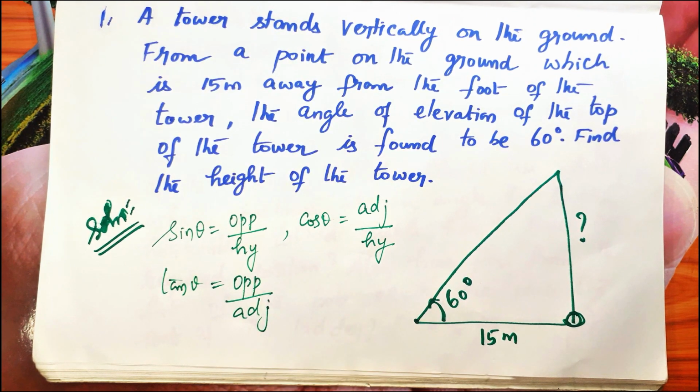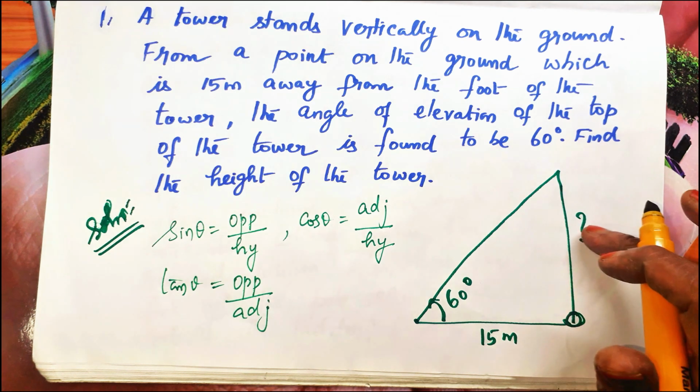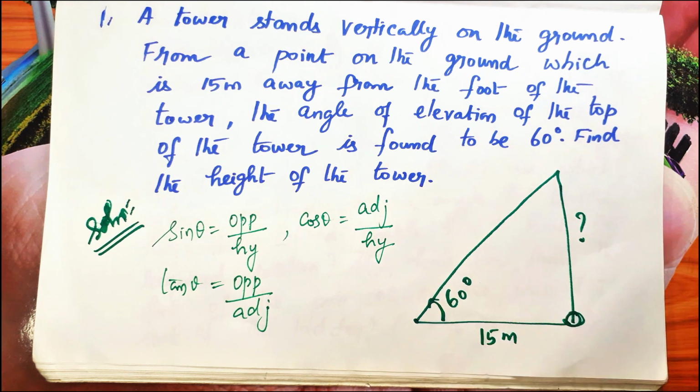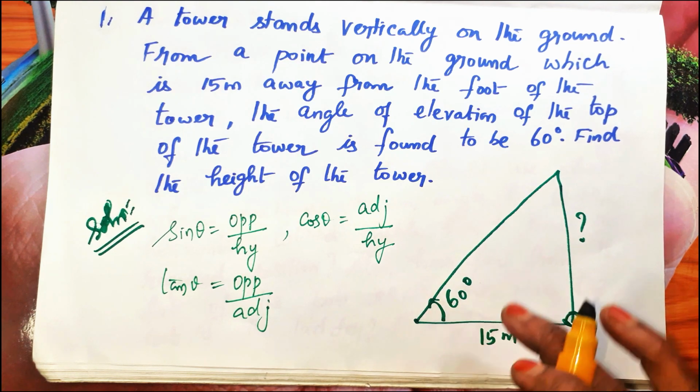These are the trigonometric ratios which we saw in the previous video. Am I right? So you should know which one is applicable to this problem. This only we have to find, and the angle is given, right? So we know the side which is adjacent to the angle.